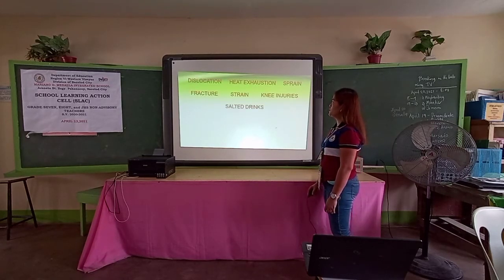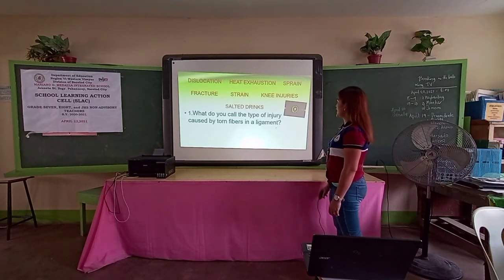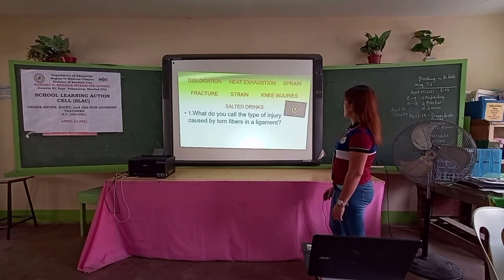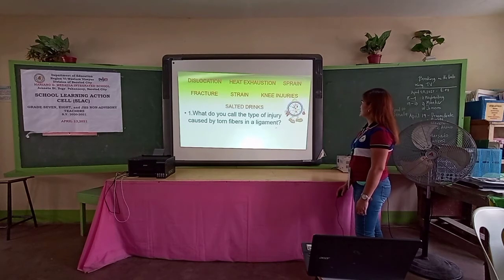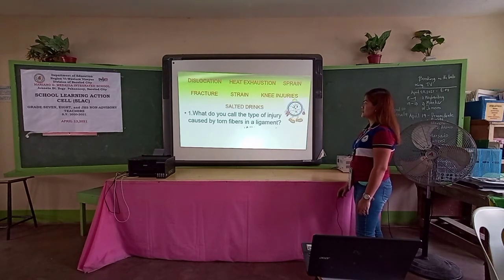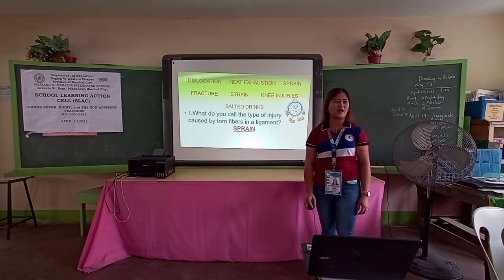And these are our word pool. And our first question, what do you call the type of injury caused by torn fibers in a ligament? Okay, 10 seconds for you to answer the question. Time is up. The answer is sprain. I hope you got the correct answer too.